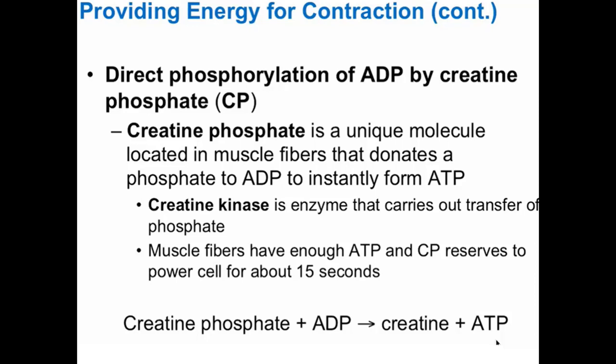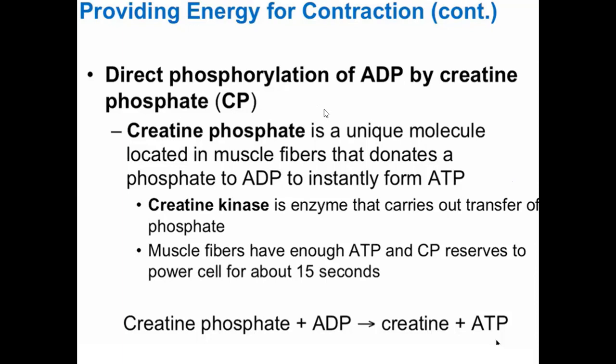Similarly, creatinine is a molecule that you find in the muscles, and it acts like a temporary storage for ATP. How does it do that? Because creatinine is phosphorylated by ATP so that it forms creatinine phosphate.